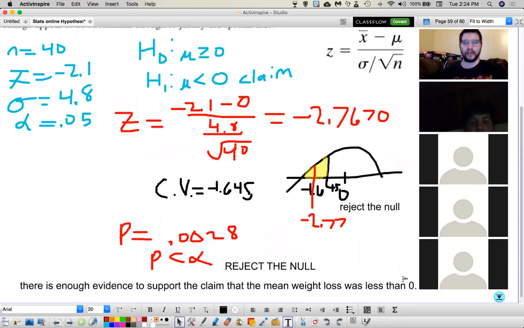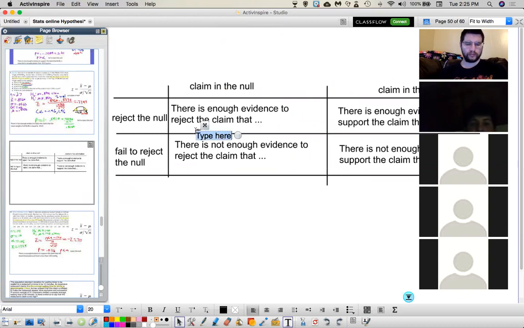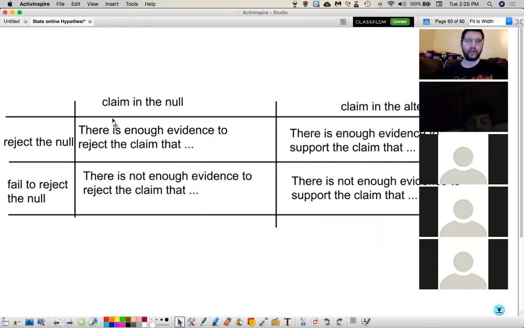But again, on the test, this is what I'm going to be looking for. And remember, there's 4 options. You have to determine where the claim is, whether or not to reject the null, and then one of these 4 things is going to be your answer based on those 2 pieces of information.